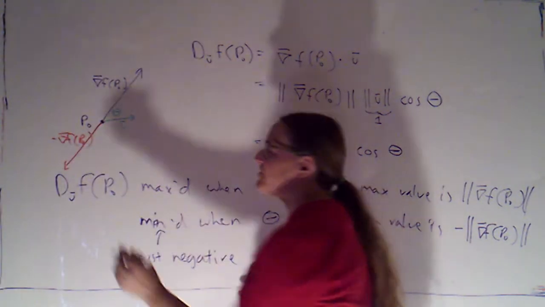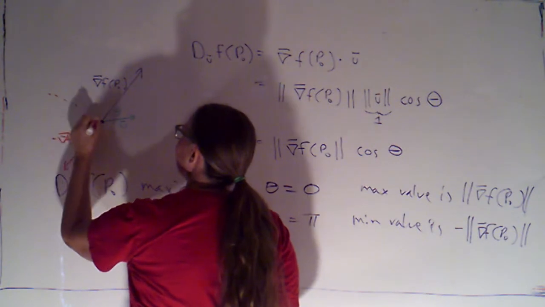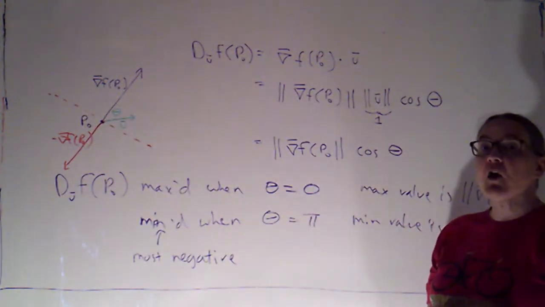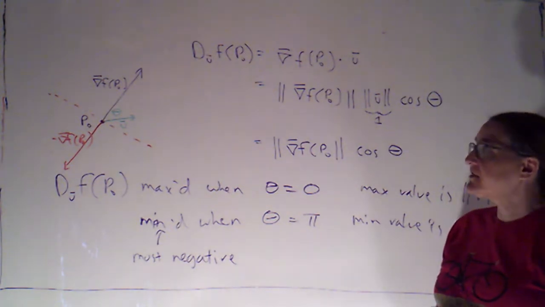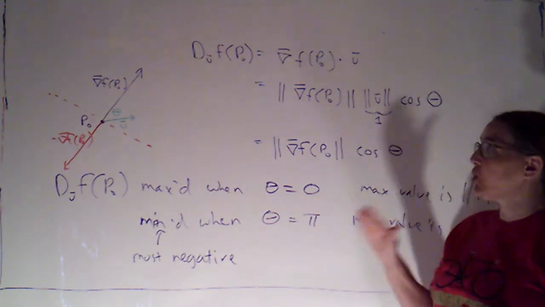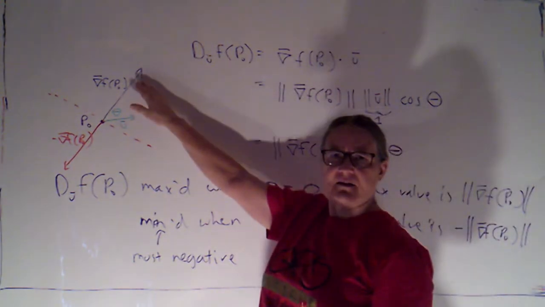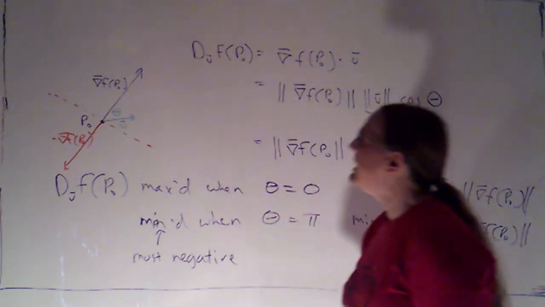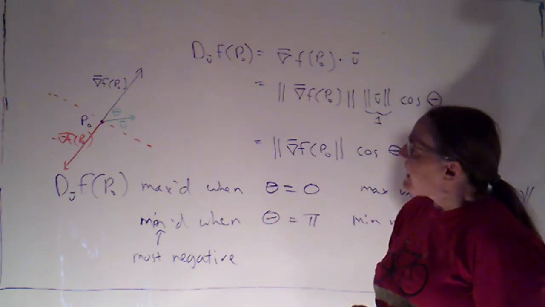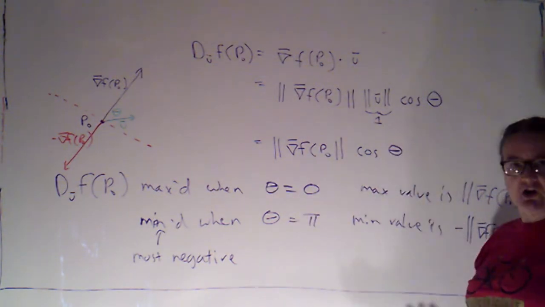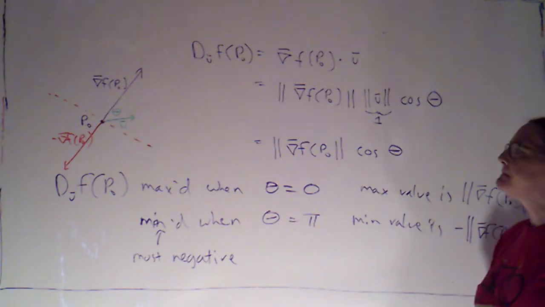But right where that changes, kind of interesting, if theta were pi over 2, so that u was perpendicular to the gradient, again, assuming the gradient is non-zero, because that's the interesting case, then cosine of theta would be 0, and my directional derivative would be 0.